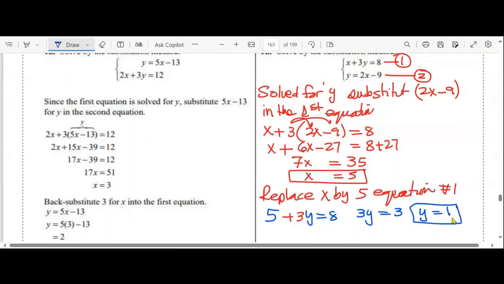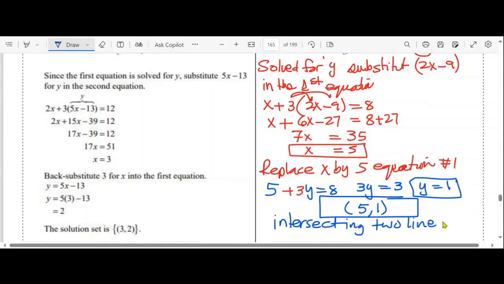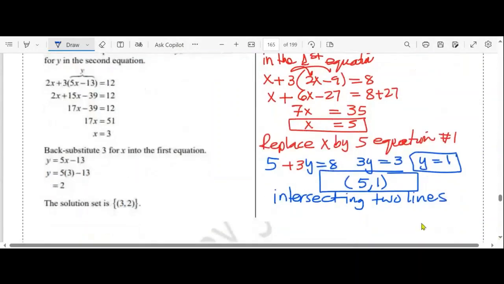So what type of lines is this? What type of line is this? It's intersecting, two lines, right? Now, how many solutions?